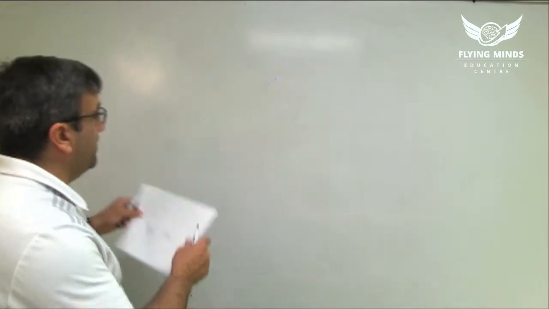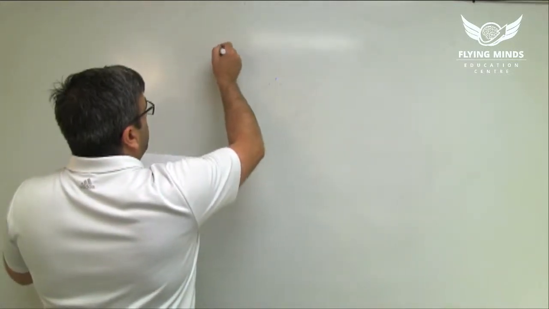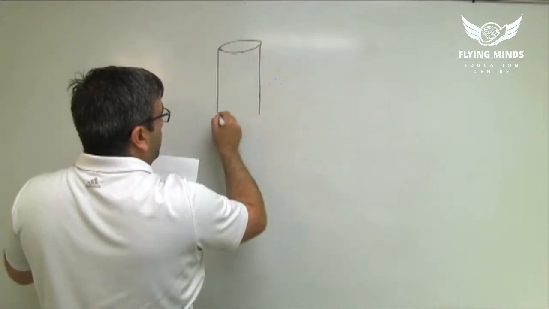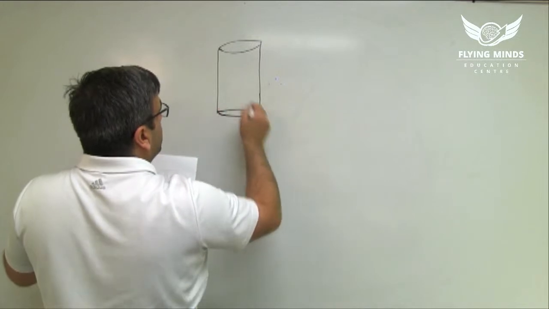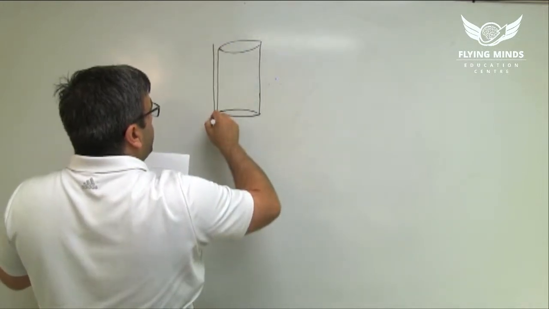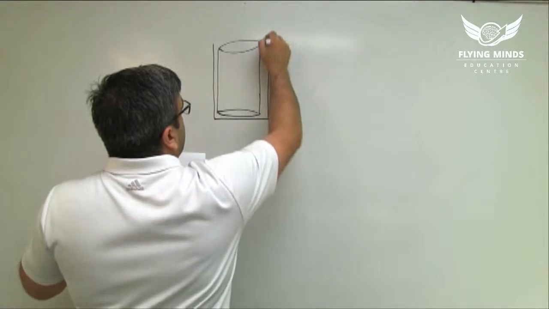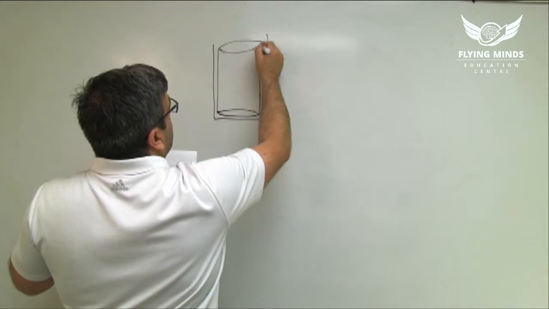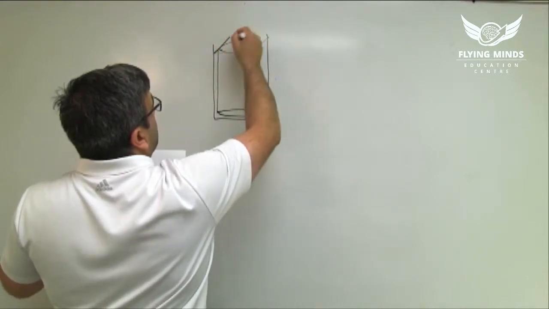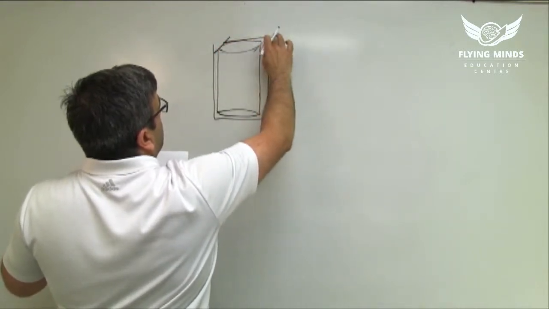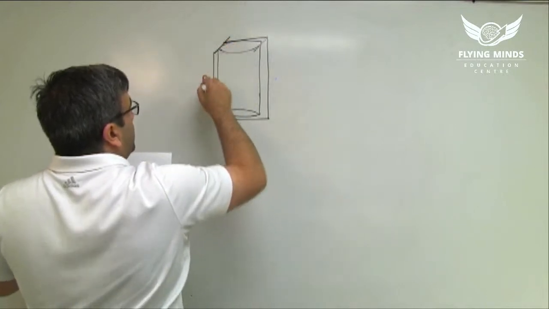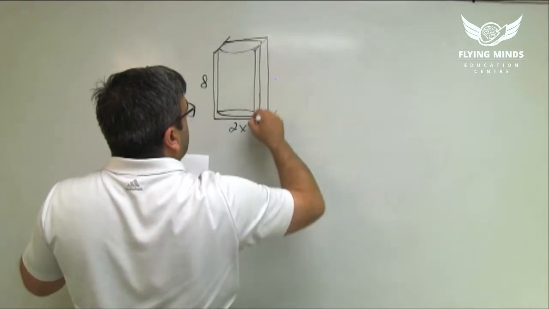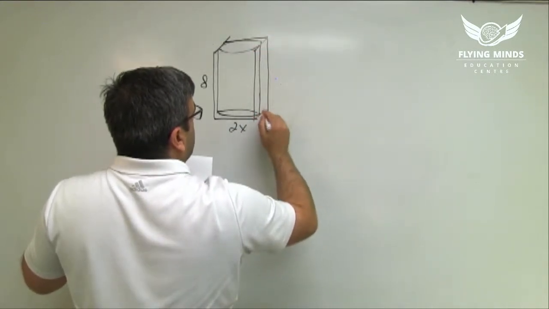So we have a cylinder inside the box. So this is 8, 2x by 2x.